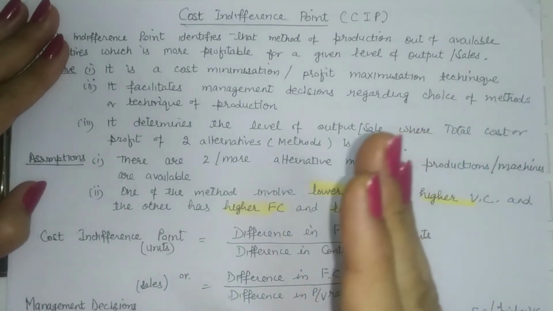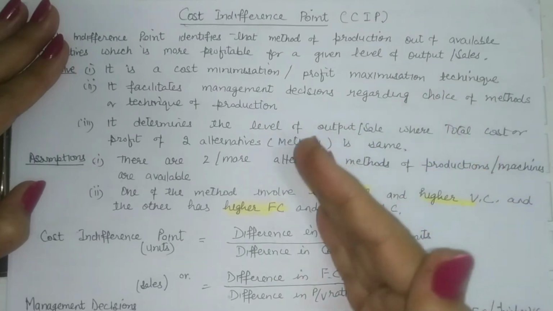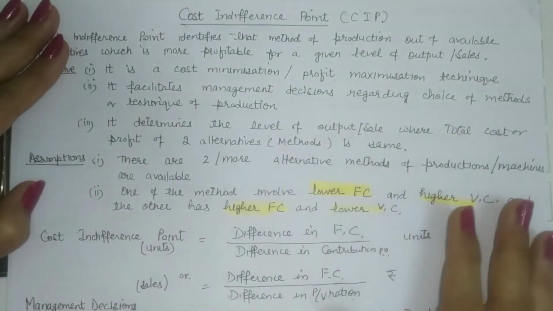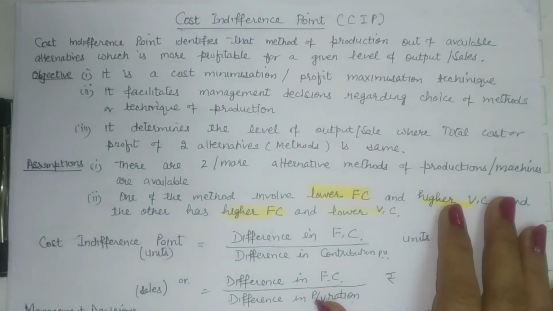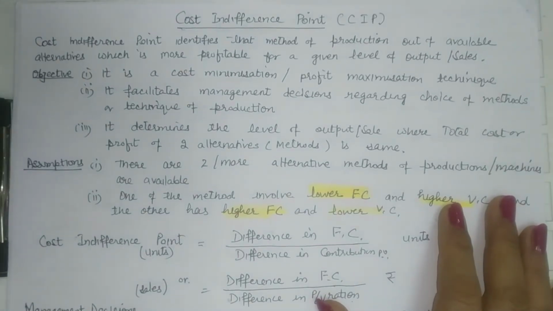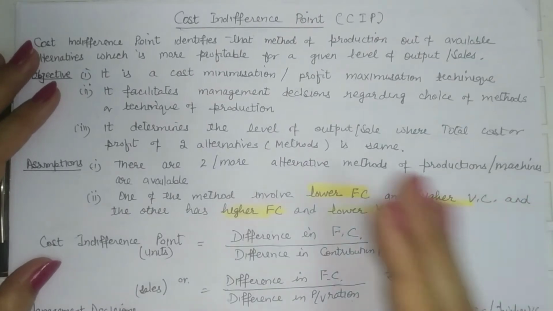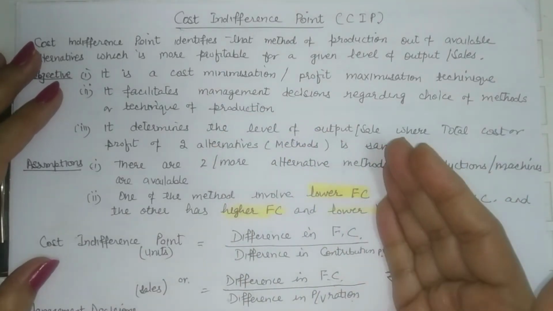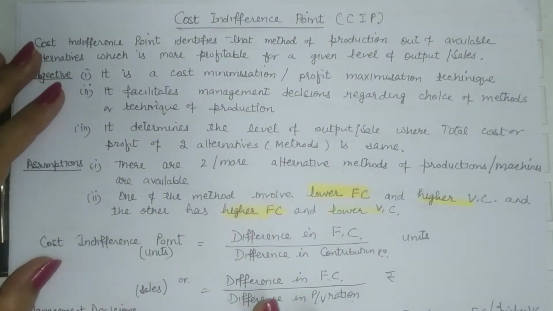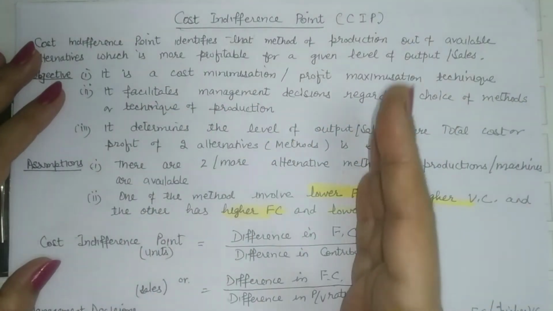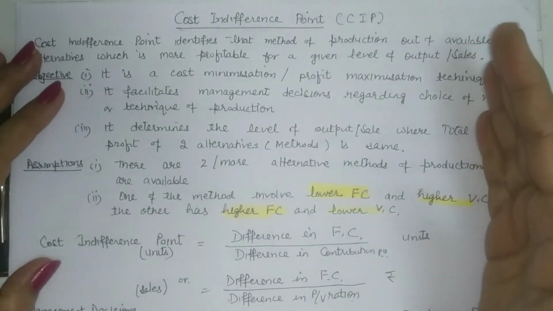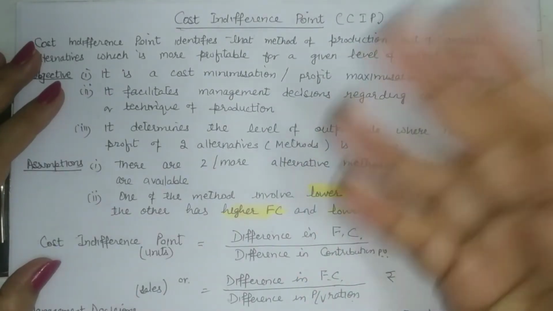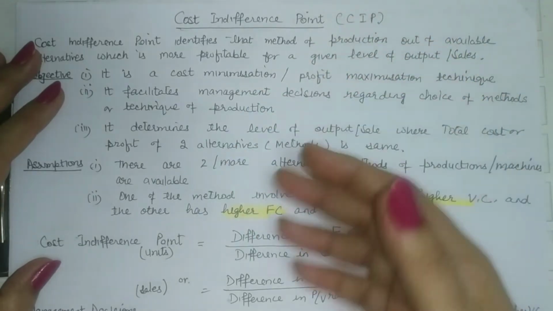Now if you go beyond this activity level, if your activity is more than this, it implies that on all additional sales you will be getting more profit. That will be pure profit, isn't it? So the method which is giving you more contribution will be more beneficial in that case, because you are already at the same level of profit at cost indifference point. So when you go beyond that, every additional contribution is your profit. The more the contribution, the more is the profit.